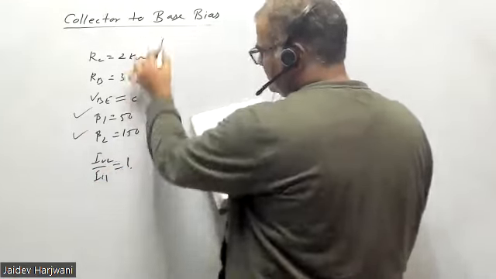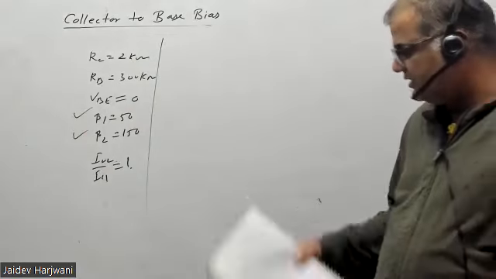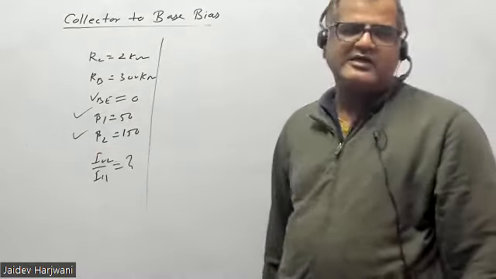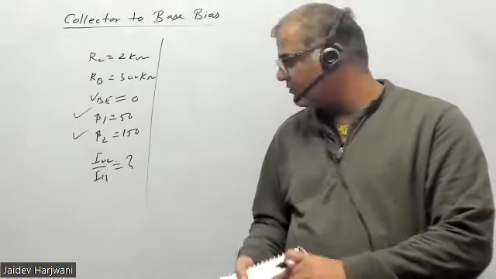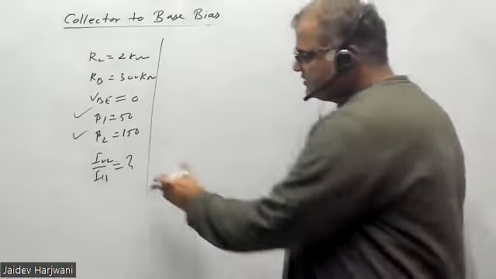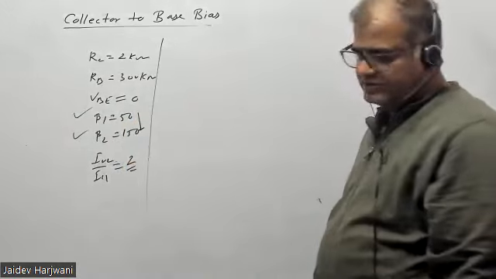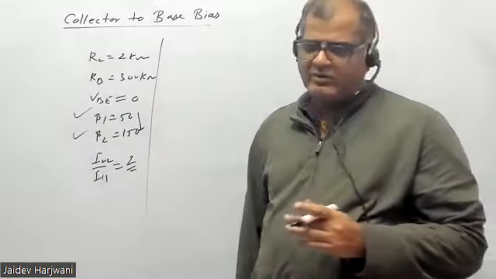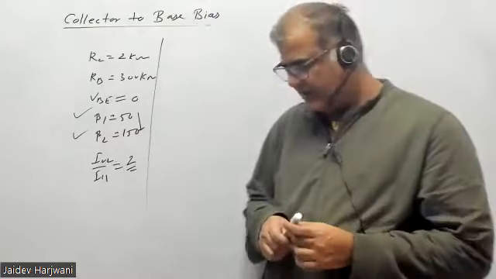It's the same question we did yesterday, and you can immediately see how the ratio will change. Yesterday the ratio IC2 by IC1 was 3; now it will come slightly less than 3, maybe around 2. So you can say this circuit has some control over changing beta. If beta becomes 3 times, current will not become 3 times, current will only become 2 times. So it is a slightly better circuit compared to fixed bias.